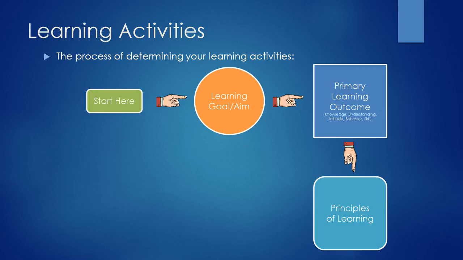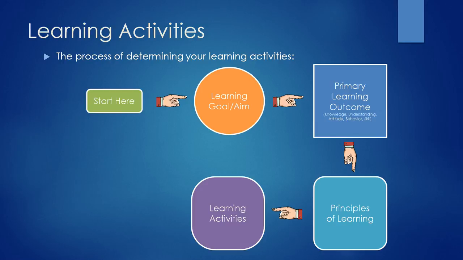And once we know the principles, we can then choose the learning activities reflected in those principles. And there's another sheet that I uploaded, which is titled Match the Activity with the Goal. It's the learning activities. And so this is just a sample of learning activities. We'll look at those in a minute.